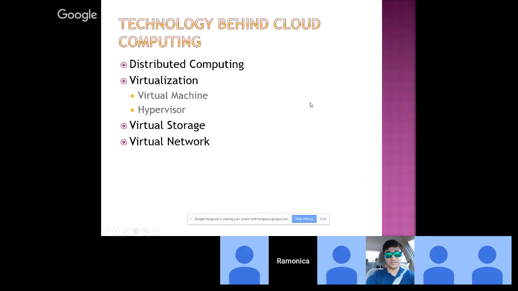The second technology is virtualization. Virtualization is an important factor of cloud computing. It plays a big role in making sure that cloud computing provides resource sharing and scalability, which are 2 essential characteristics provided by the NIST, the National Institute of Standards and Technology.